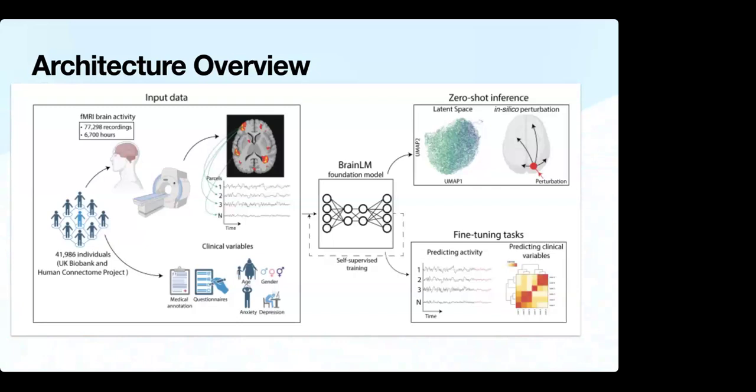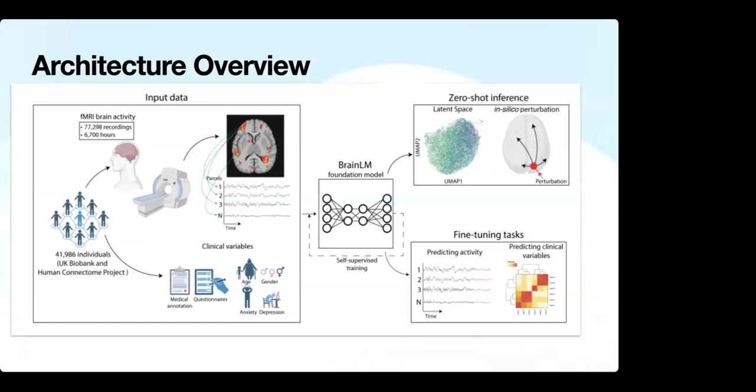And their model operates similar to a transformer architecture, in which it takes in a subset of the original time series along with its positional encoding, and it attempts to reconstruct the portions of the time series that were missing.